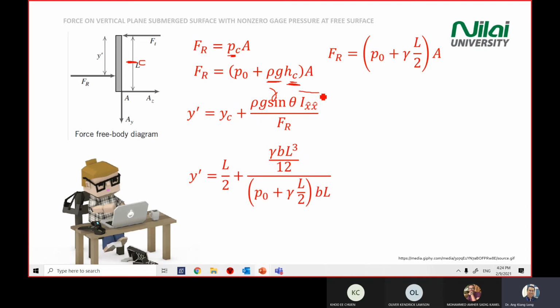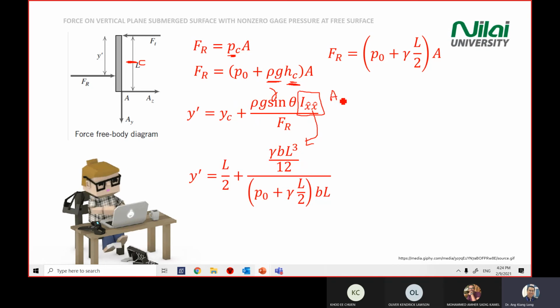So what I need to highlight is your second moment of area. You use BL cube divided by 12. Yeah, BL cube divided by 12. Why? Because this is a rectangular shape. So when you have a rectangular shape, your IXX will be BL cube divided by 12.